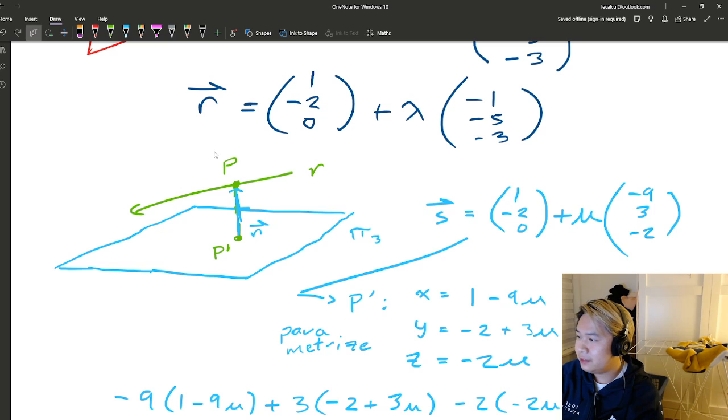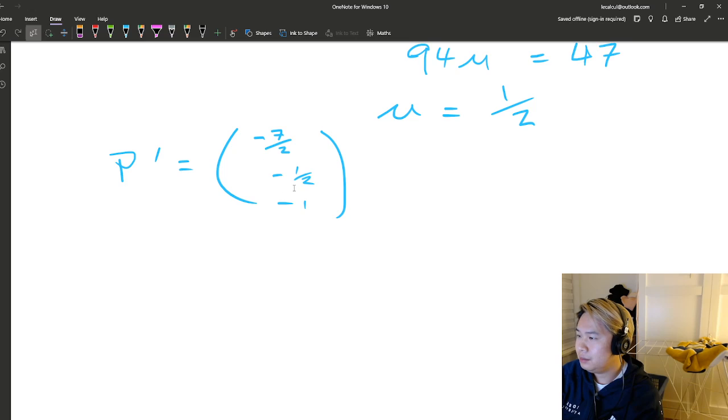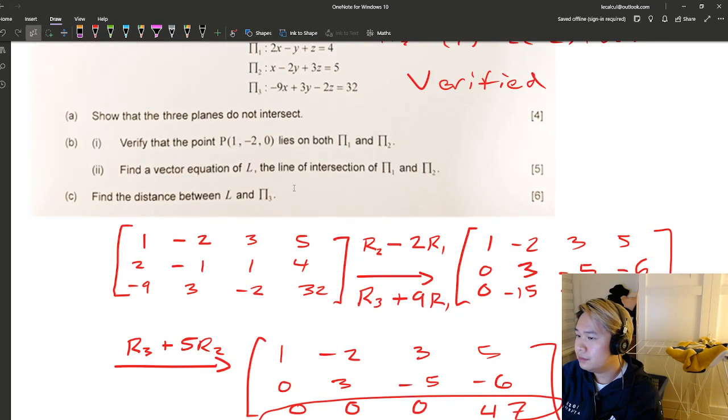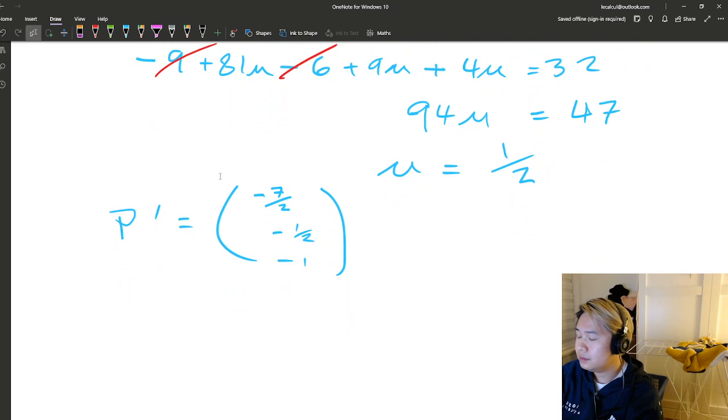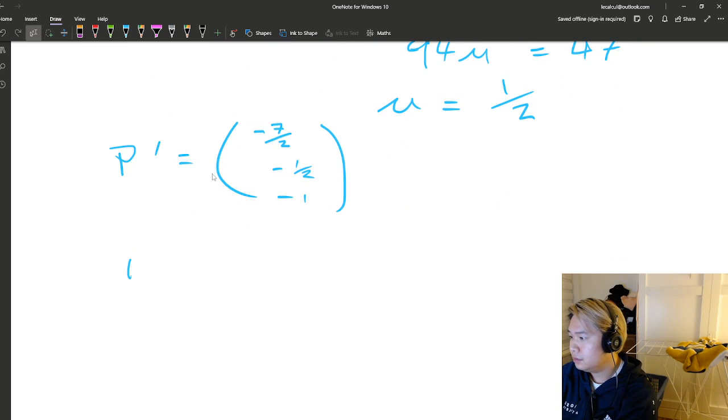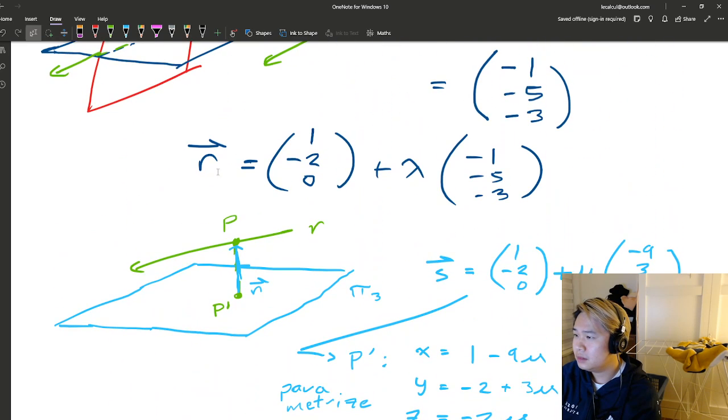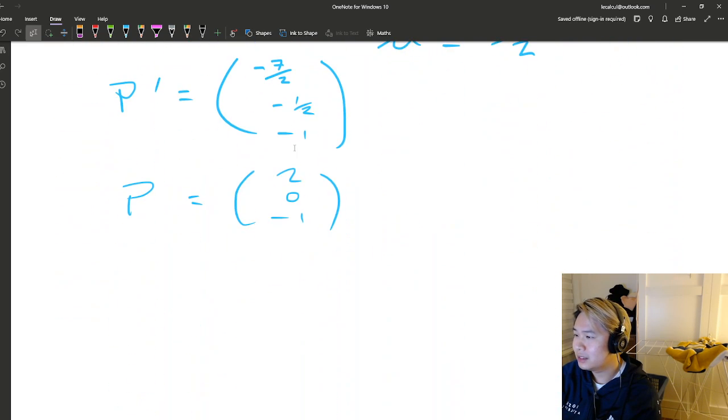And then finally we can find the distance between P and P prime. So P was what, (2, 0, -1) or something? No, (1, -2, 0).